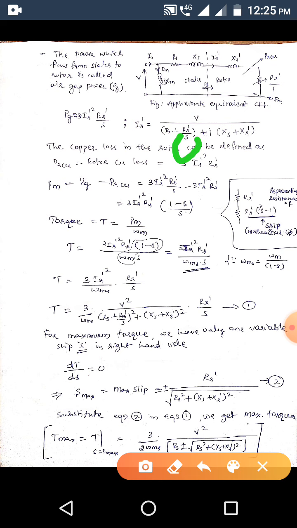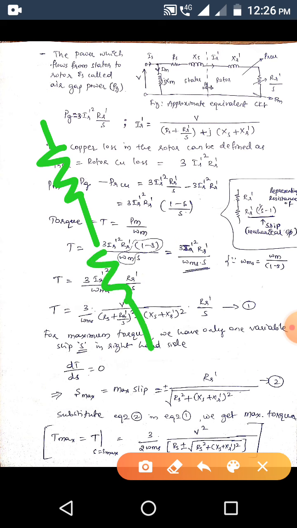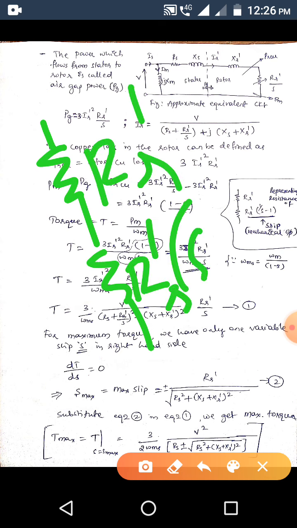So then we are calculating the air gap power here in the rotor winding. So then we have only one rotor resistance here. So with that we are going to couple one more mechanically coupled output here, that I call as R dash into (1 by s minus 1), the mechanical output for some slip.